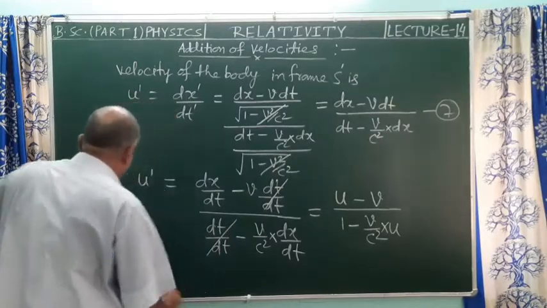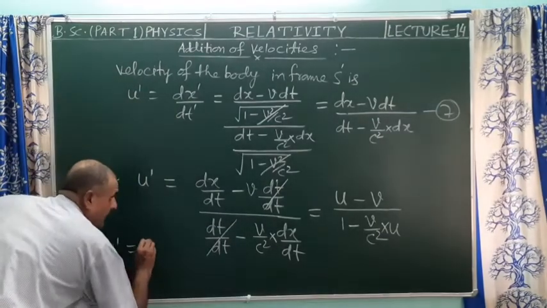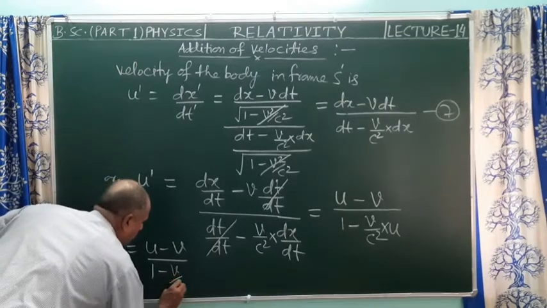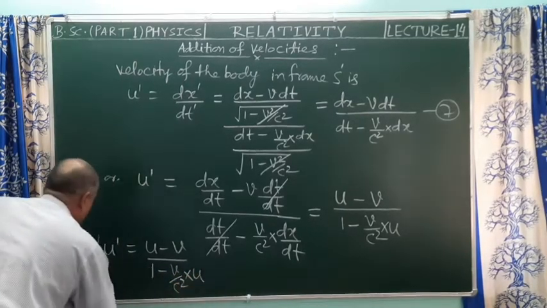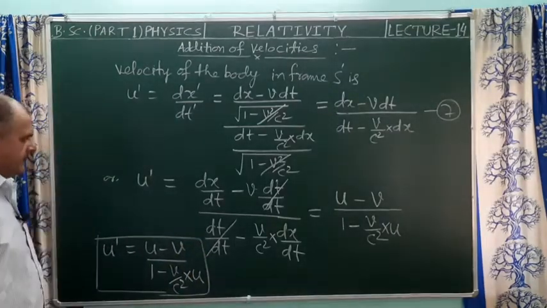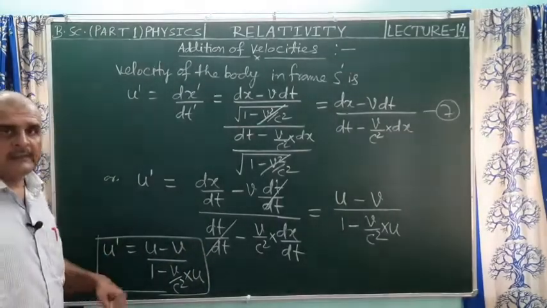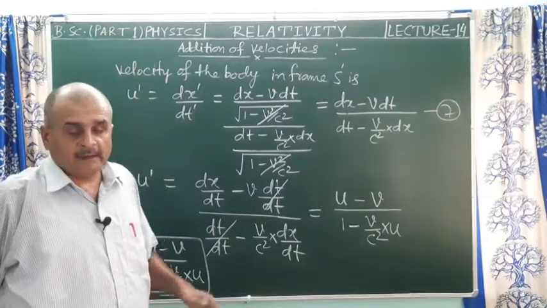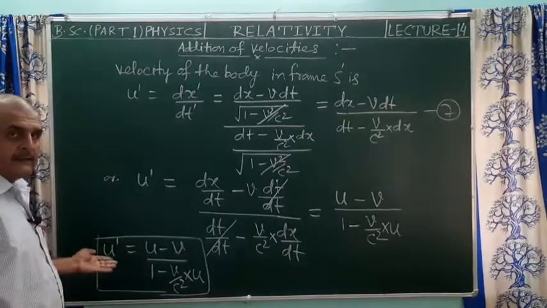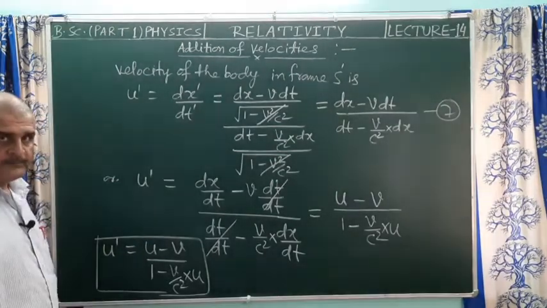So we have u dash equals u minus v upon 1 minus v square upon c square multiplied by u, and this is the relativistic formula for addition of velocities, which differs from the result of classical mechanics. The result of classical mechanics is u dash is equal to u minus v.